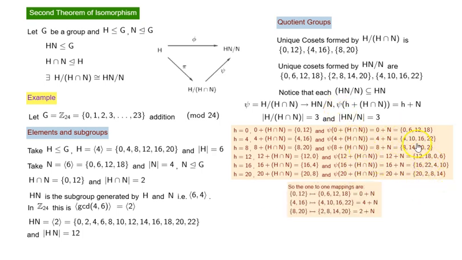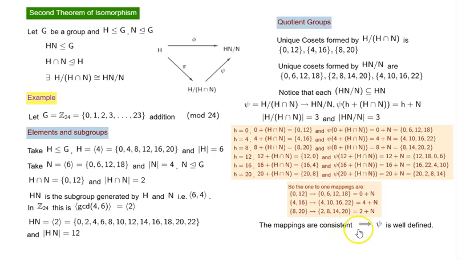Again, you will notice there are repetitions. So the one-to-one mappings are {0, 12} to {0, 6, 12, 18}, which is equal to 0 plus N. Similarly, {4, 16} maps to {4, 10, 16, 22}, which is equal to 4 plus N. And {8, 20} maps to {2, 8, 14, 20}, which is equal to 2 plus N. All the others are repetitions.